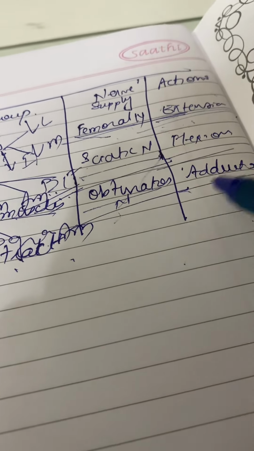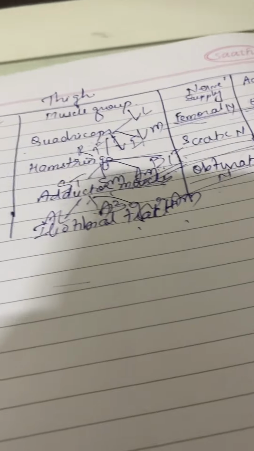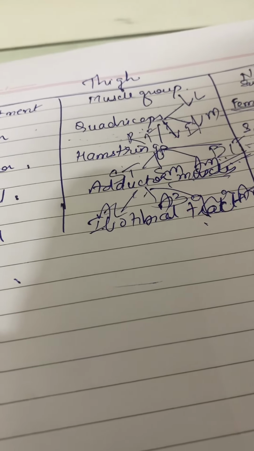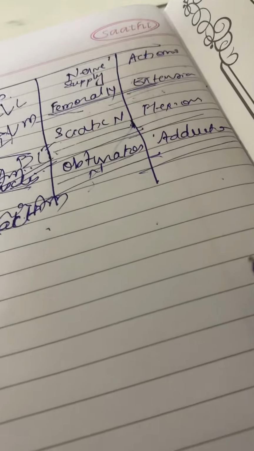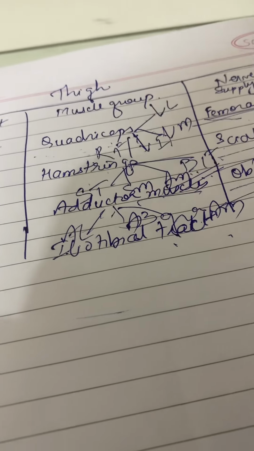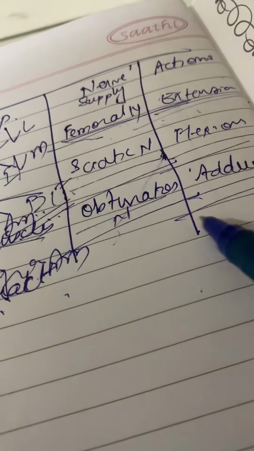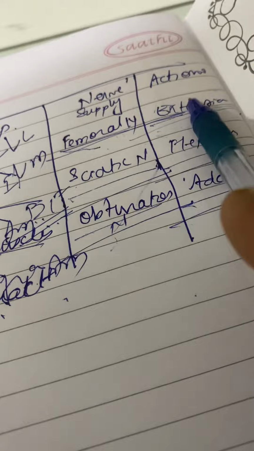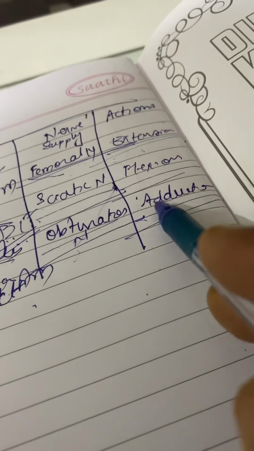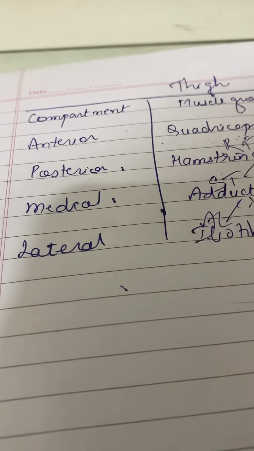And the action of this compartment, as you can understand from the names, is that these muscles are adductors of the hip joint. In the previous two compartments, the main action was on the knee joint, while here it is adduction of the hip joint.